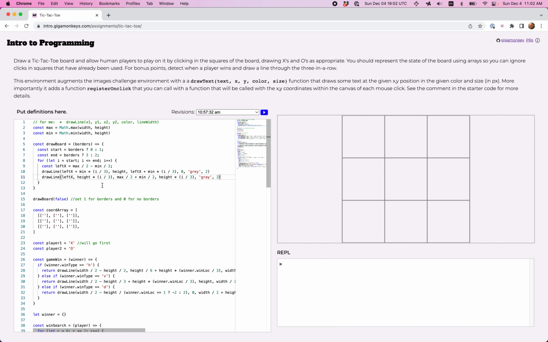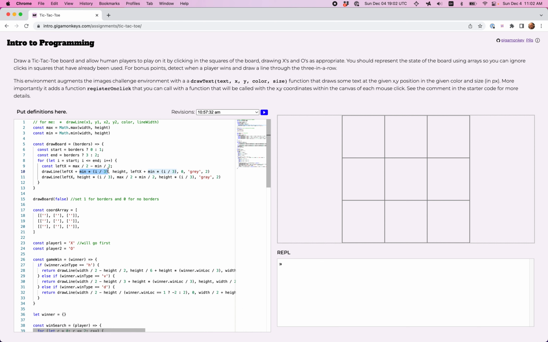And then, what are we doing? Min and height. This expression seems to happen at least twice. So that's drawing a line.